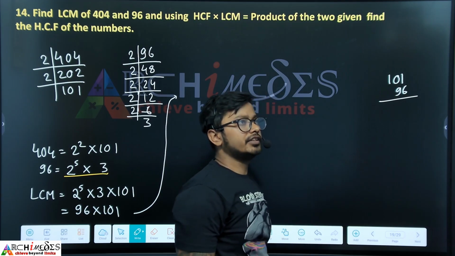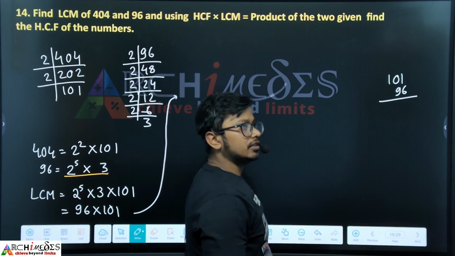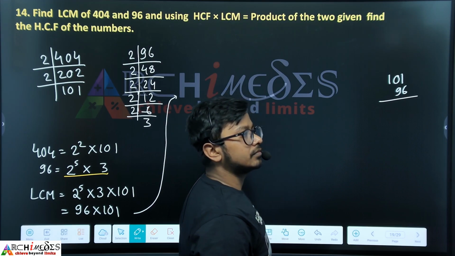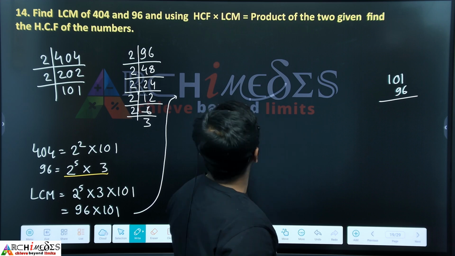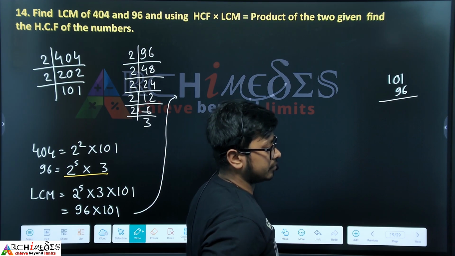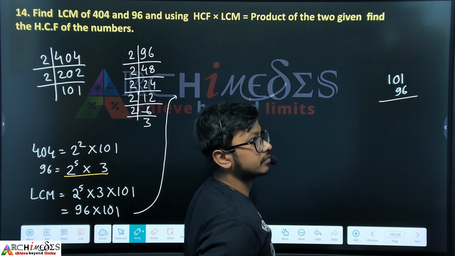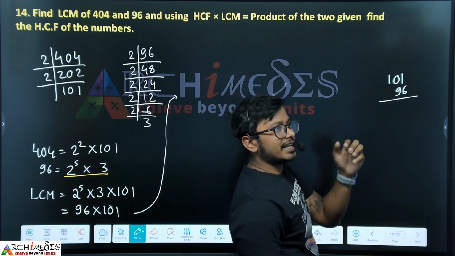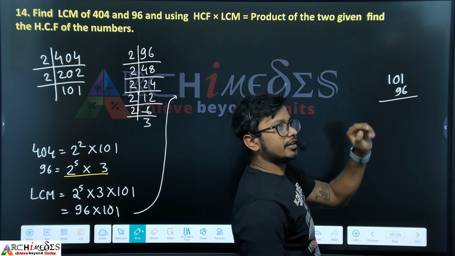Should I give another trick? Okay, so look, can we do it in this way? 101 times, yes or no? Actually, 96 into 101 times.